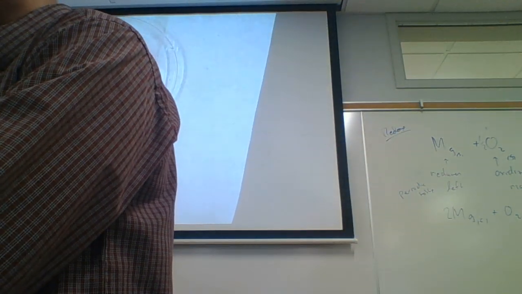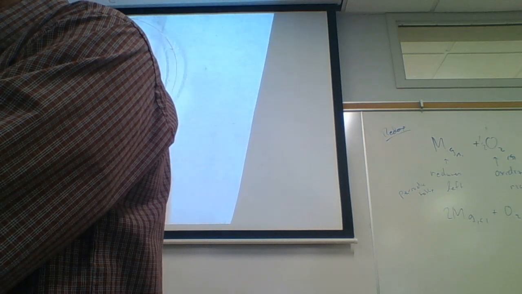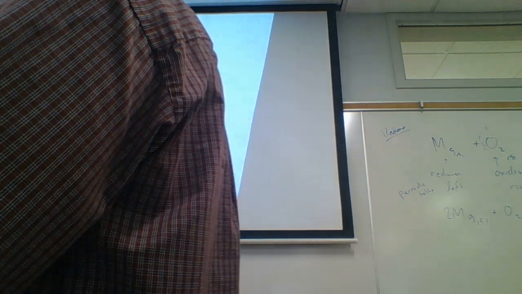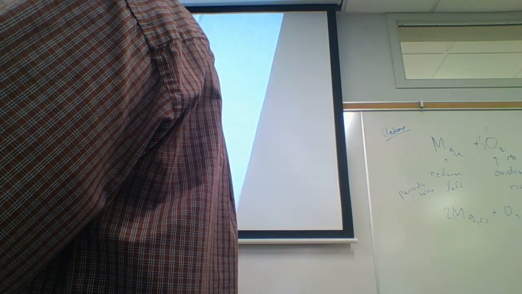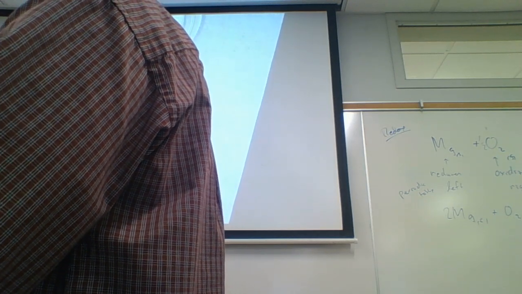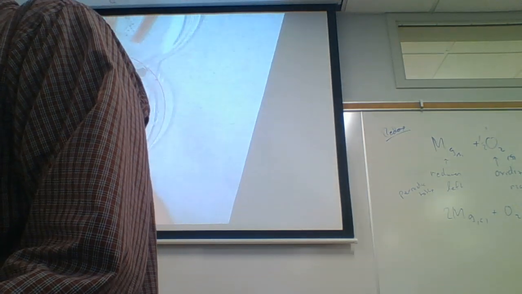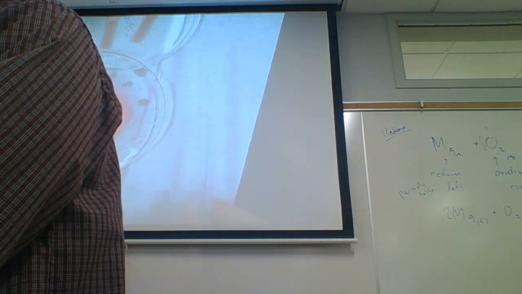Let's see what we got here. Still really doesn't turn it blue. Can't see it. Putting some more on there. But it's definitely on the basic end of things here.